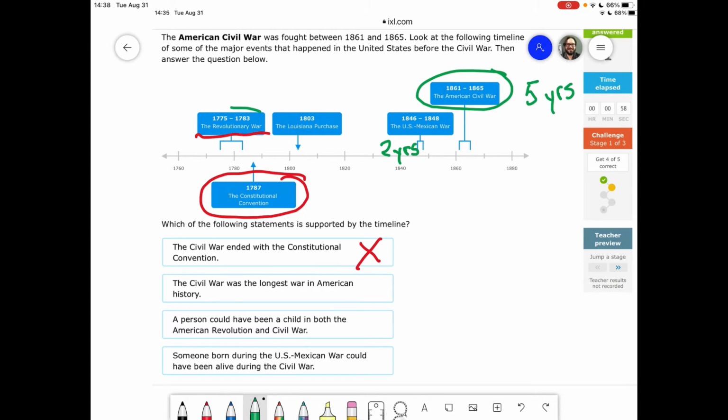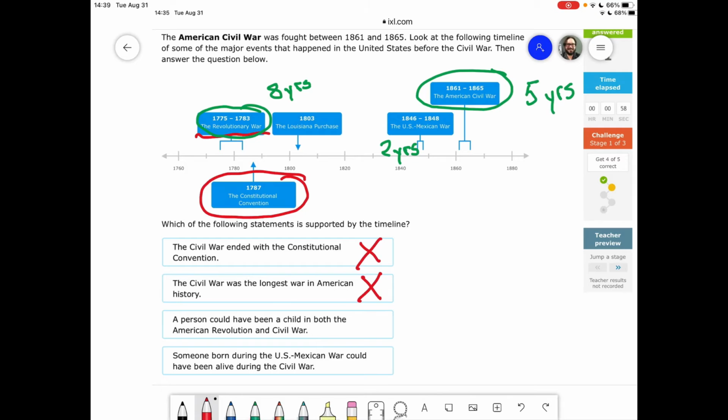Now, if you notice, the Revolutionary War was from 1775 to 1783. Now, that was almost 8 years. So based on the information presented in the timeline, the Civil War was not the longest war in American history. So that statement is not correct.